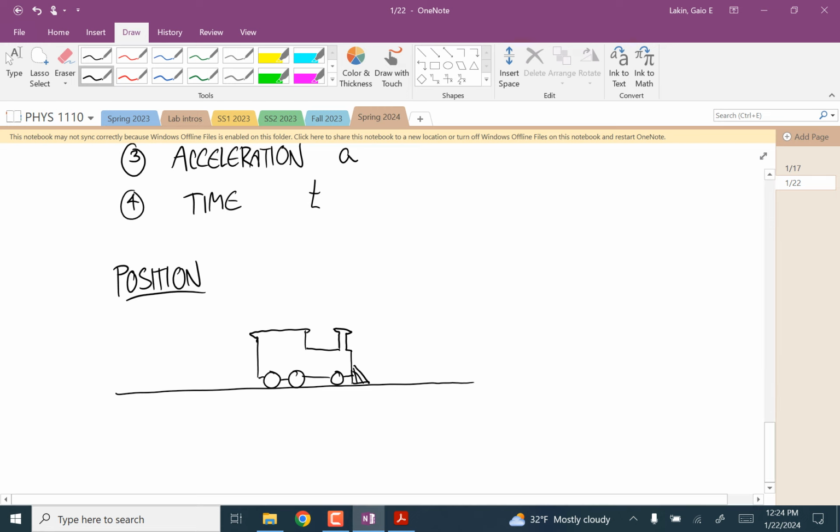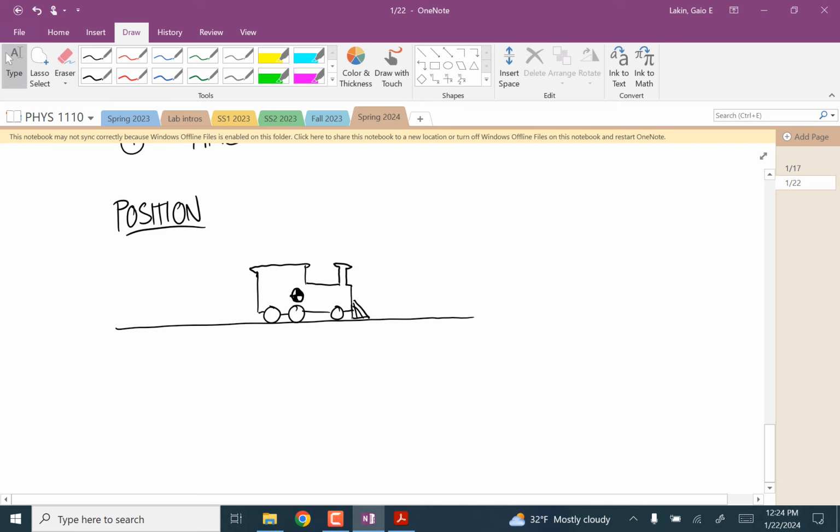And since we're treating this as a particle, remember, instead of this being a train that's 10 meters long or something, we're going to assume that it only exists at its center of mass. So that center of mass symbol, the symbol that you see on crash test dummies and commercials and stuff, is the location of the train. Okay?